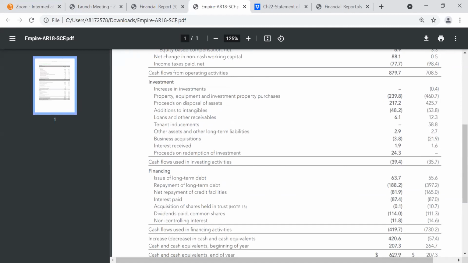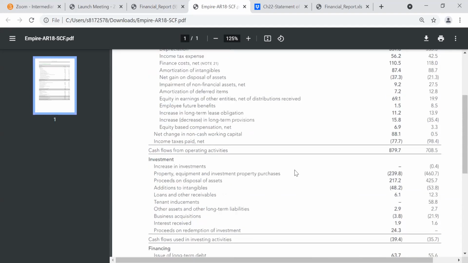Empire reports under IFRS, and under IFRS you have a choice not to treat interest received as operating activity. That's what they did, right? By backing out the tax expense here and putting a tax paid here, they meet the disclosure requirement as well.